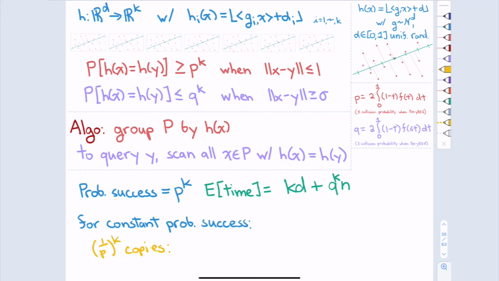If I did that, then the running time looks like kd over p to the k plus q over p to the k times n. One thing nice to point out here: this went down, that was bad, so to compensate, I'm repeating the thing in proportion, 1 over p to the k times. The overall running time comes out to q over p to the k.